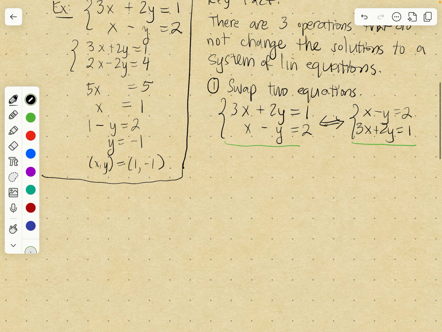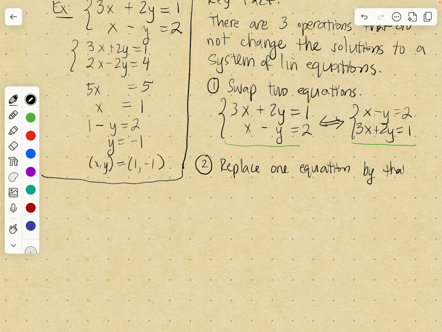Okay, so that's not really interesting. The second one is slightly more interesting, and it's to replace one equation by the equation that you get by multiplying each of the coefficients by the same non-zero constant.